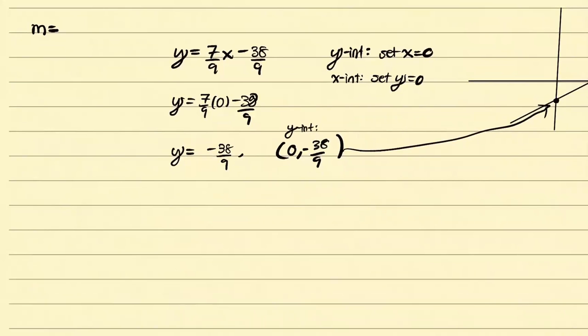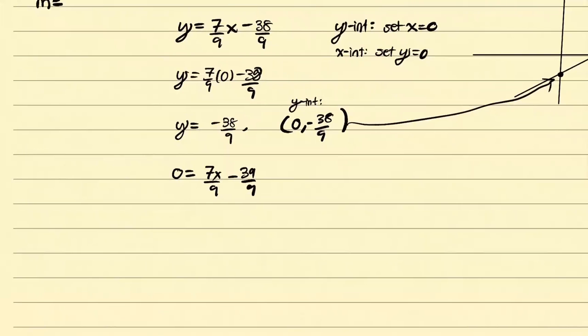And to find the x-intercept, I'm just going to set y equal to 0. So wherever y is, I'm going to plug in 0. This requires a little bit more algebra. What I'll do is add 38 over 9 to the other side to get 38 over 9 is equal to 7x over 9.